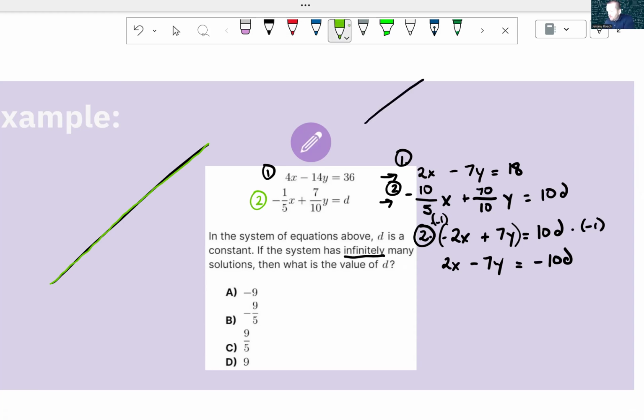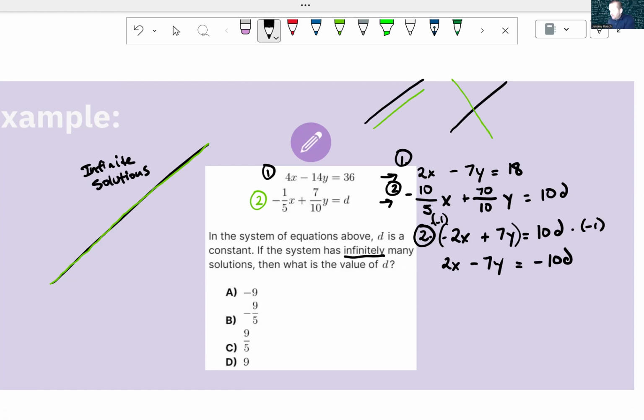Did they never cross? That's no solutions. Do they cross once? That's one solution. Or do they cross infinitely many times? That's infinite solutions. So infinite solutions means it's the same line.